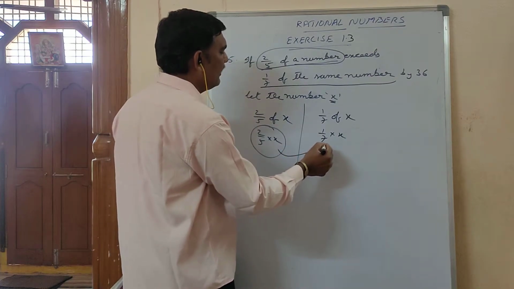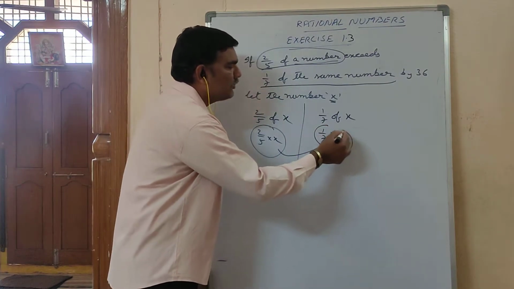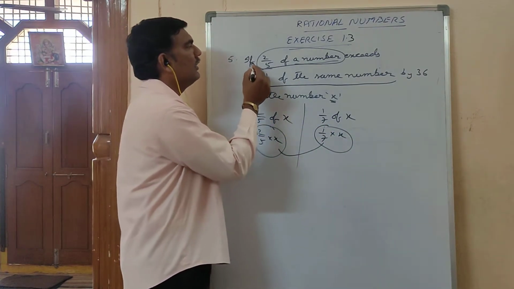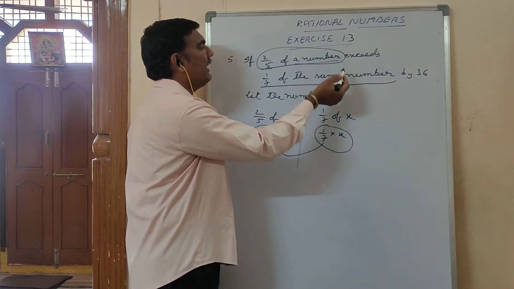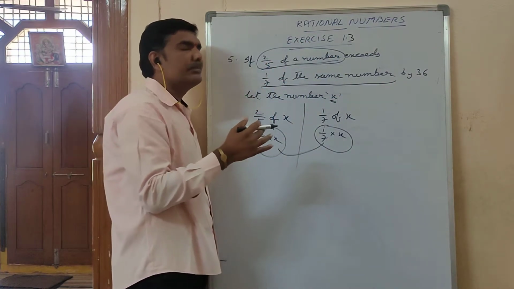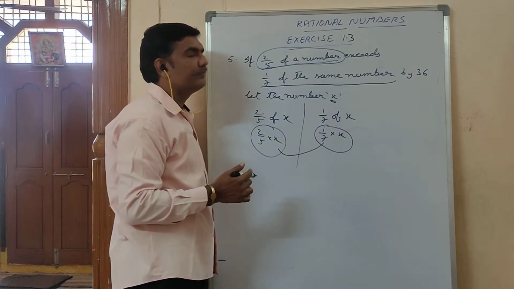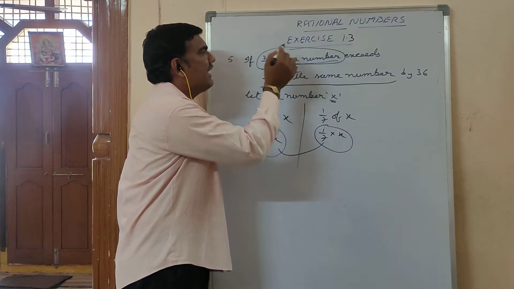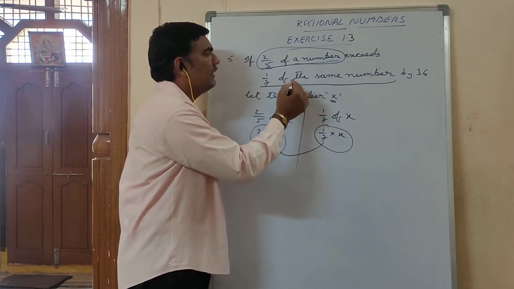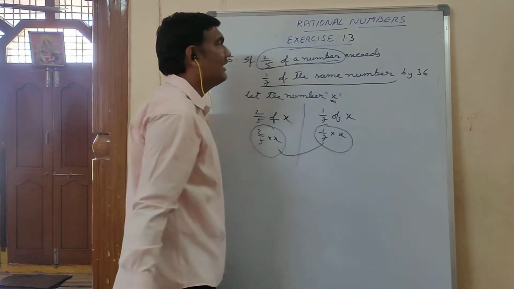They have given one relation between these two numbers. What did he say? 2 by 5 of a number exceeds. Exceeds means it has greater value. So this has greater value than this number by how much? 36.